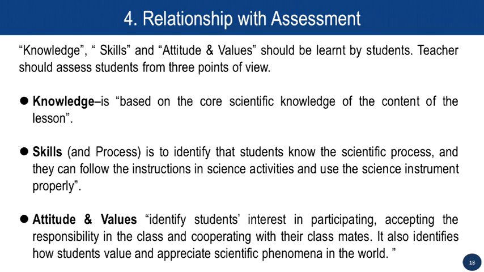And the third, attitudes and values. Identify students' interest in participating, accepting responsibility in the class, and cooperating with their classmates. It also identifies how students value and appreciate scientific phenomena in the world.